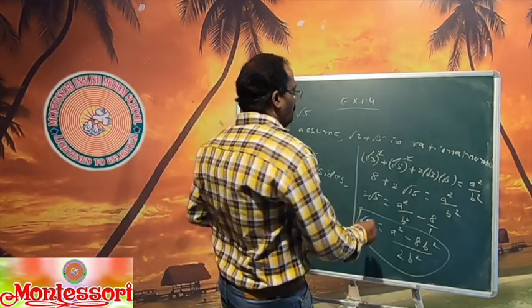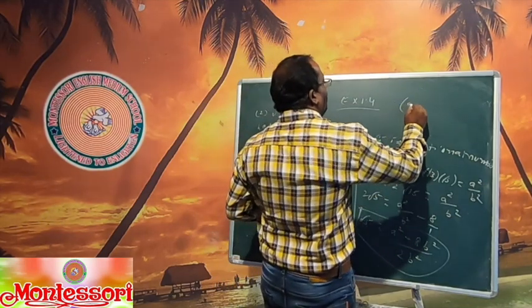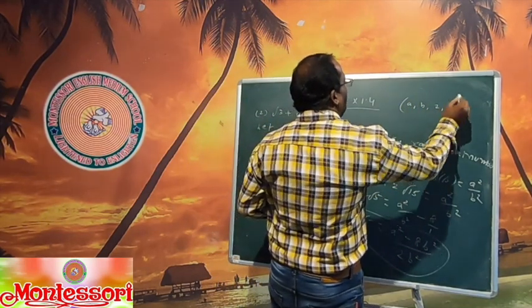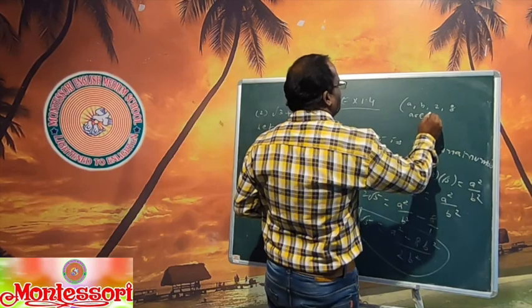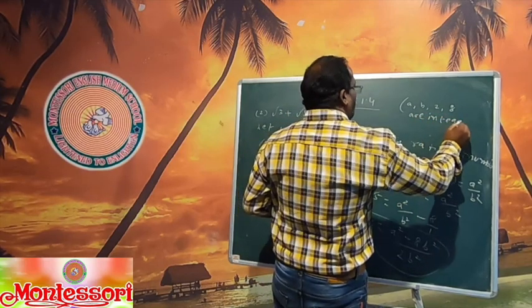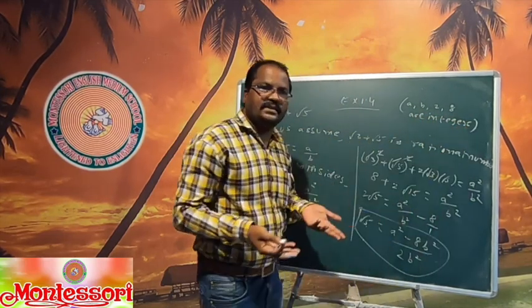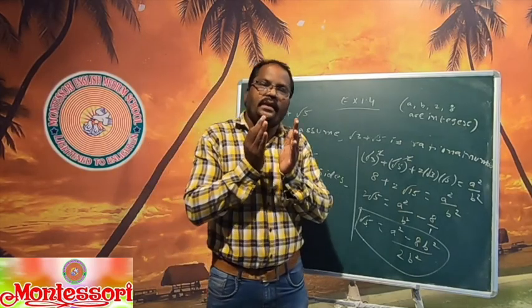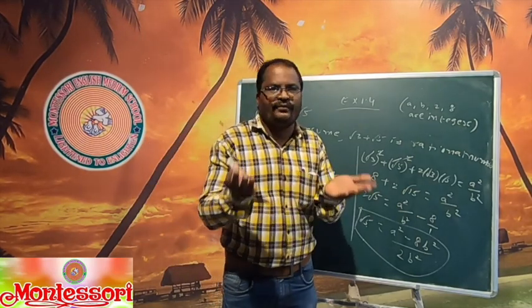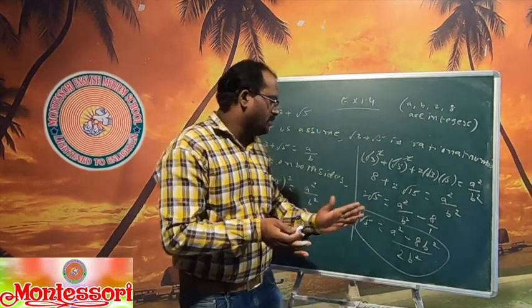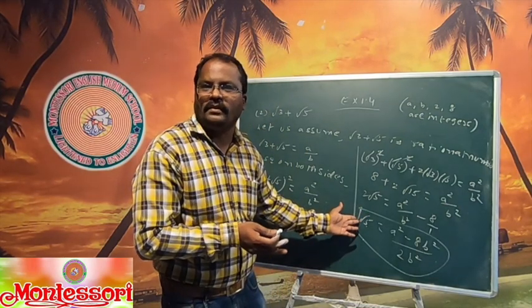You have to write here a, b, 2, 8 are integers. Whenever you do the simplification of integers, the answer should be an integer or a fraction, but not an irrational number.